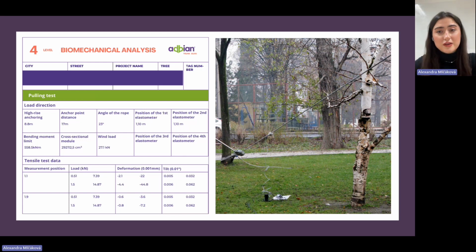So if you're keen to have your pooling test evaluated by PhD experts in tree biomechanics, all while enhancing the precision of 3D scanning, you can simply book a call on our website adbian.com, and we can talk about it, or you can, of course, send us an email so we can keep in touch.